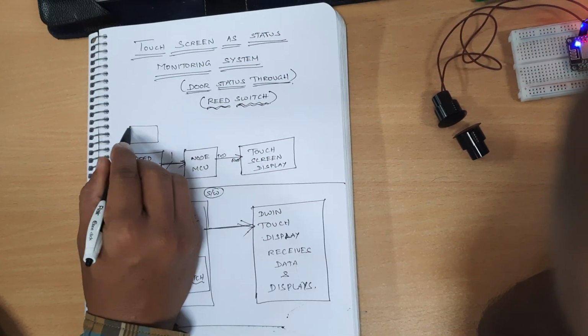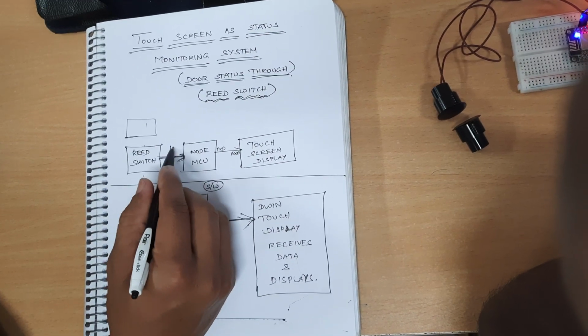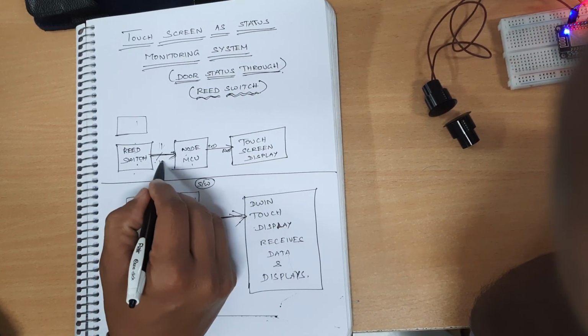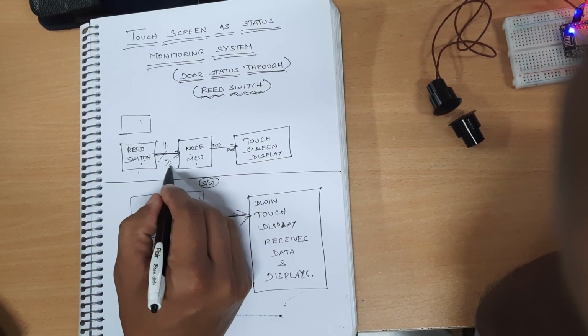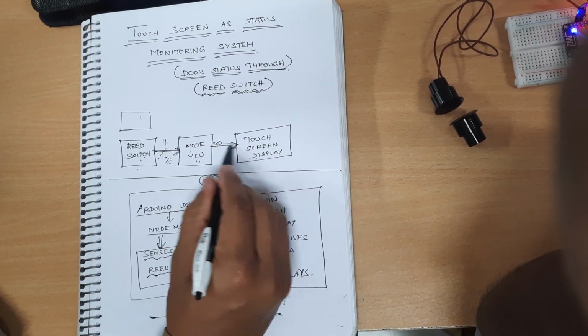So here there is a permanent magnet. When this permanent magnet comes closer, the reed switch will become either 1 or 0. So the reed switch is connected to the node MCU logically, logical 1 or logical 0, and the node MCU is communicating with the touchscreen display through UART.